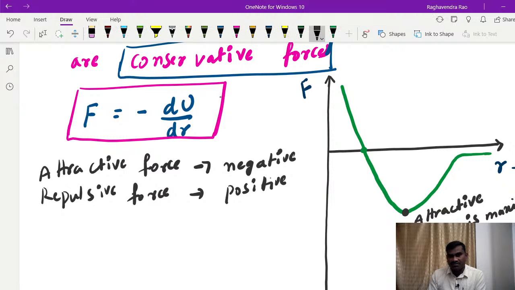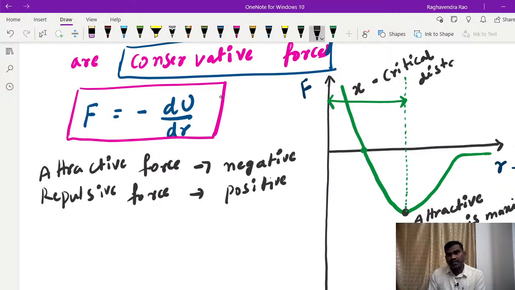The corresponding distance where the attractive force is maximum is represented by X. This is called the critical distance. Critical distance is the separation between the two atoms where the attractive force becomes maximum. At this point the attractive force is balancing the repulsive force.